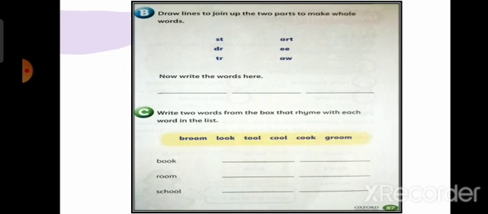The first word is book. Its ending sound is ook. Yes, so you have to find out the words ending with ook sound from this word bank: broom, look, tool, cool, cook, or groom.